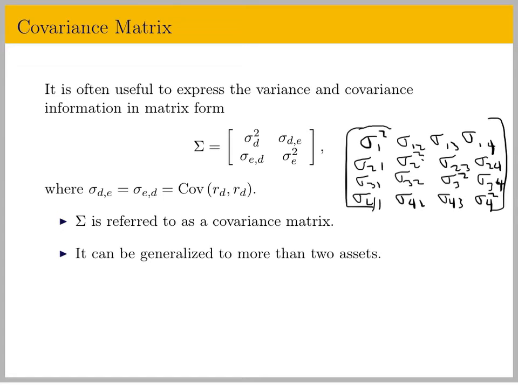So these terms are the diagonal components. Those are the variances. And then note, sigma 1,2 is the same as sigma 2,1. Sigma 1,3 is the same as sigma 3,1. Sigma 1,4 is the same as sigma 4,1.